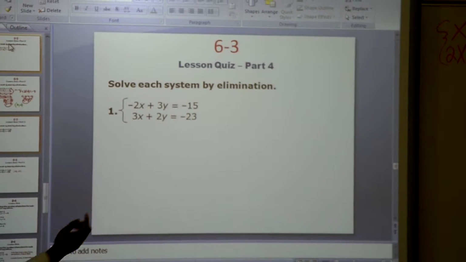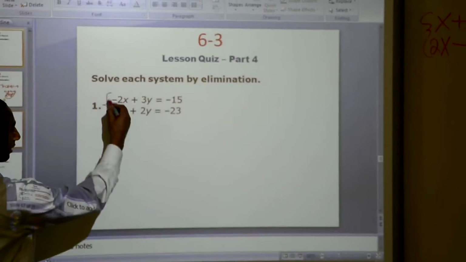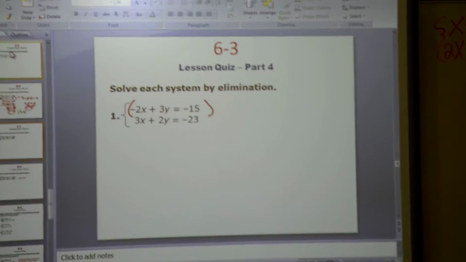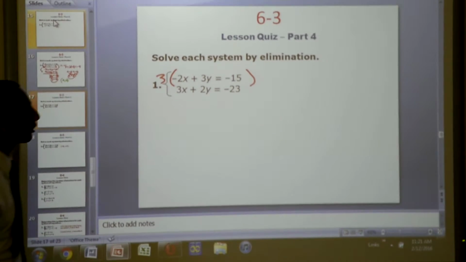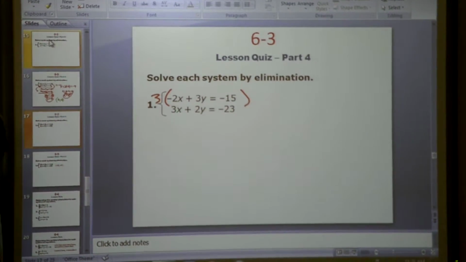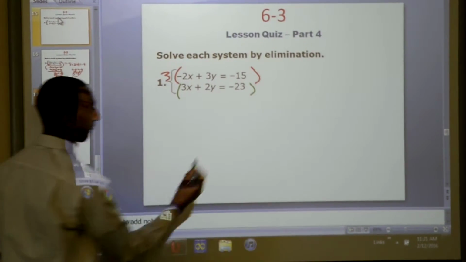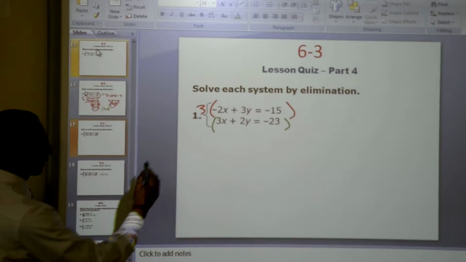Okay, so I'll use red to multiply the top one. So what did you multiply the top one by? 3. Okay, so she multiplied the top one by 3, and what did you multiply the bottom one by? 2, okay.